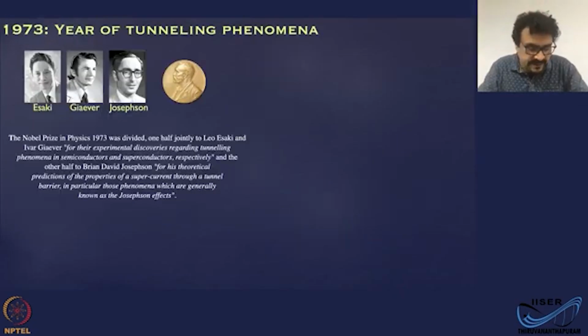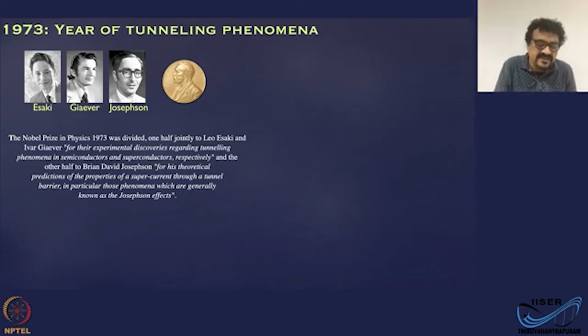So this set of phenomena where the tunneling of Cooper pairs happens between two superconductors, which are connected by a weak link or a tunnel junction or insulating layer, is called the Josephson effect.